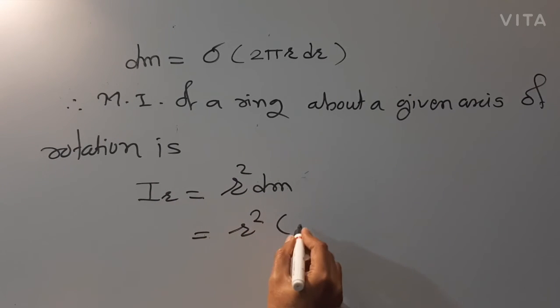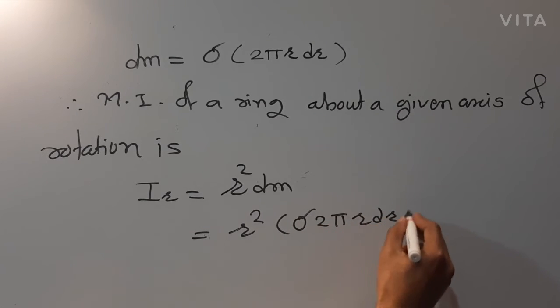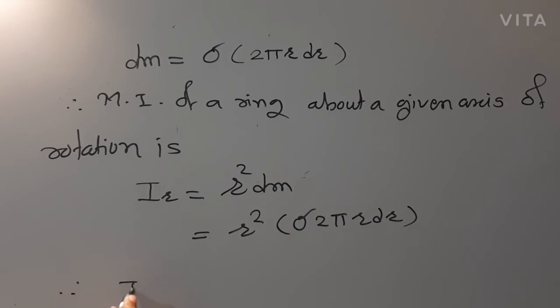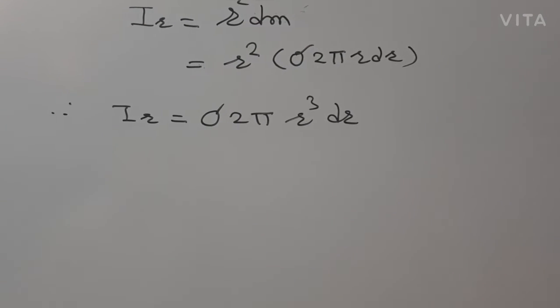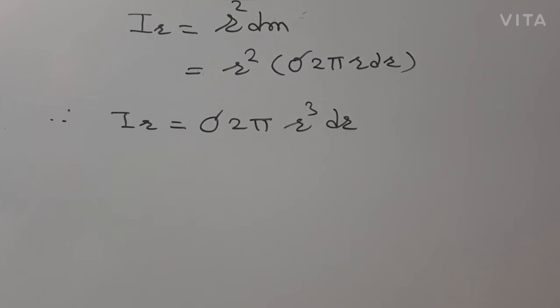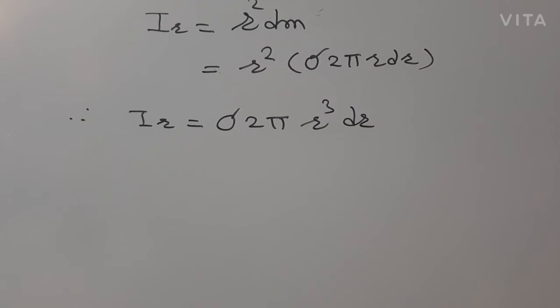Therefore it is r square into sigma into 2 pi r into dr, and therefore I_R is equal to sigma into 2 pi into r cube into dr. This is the M.I. of a ring about a given axis.